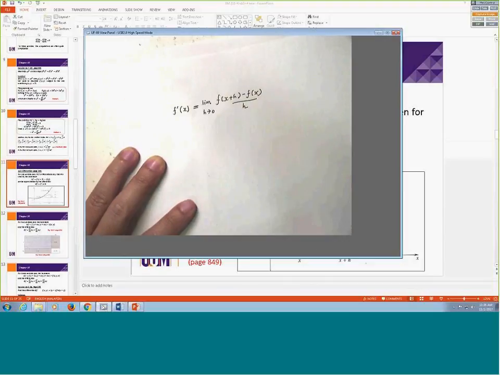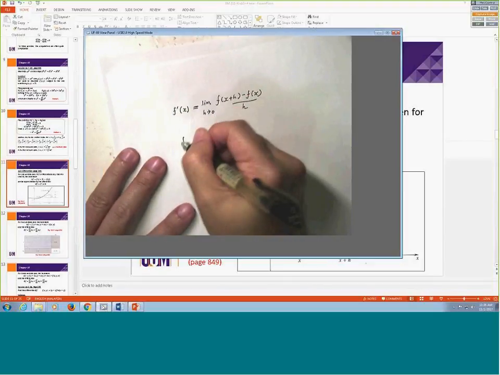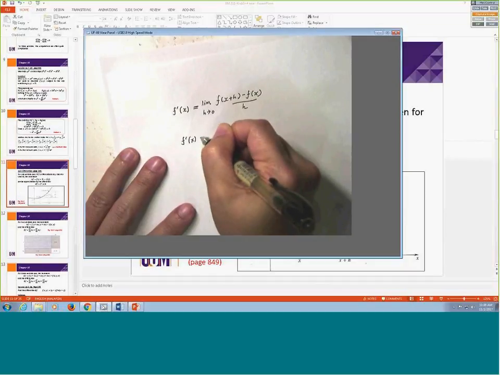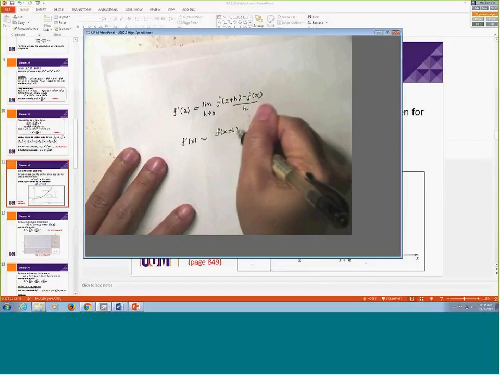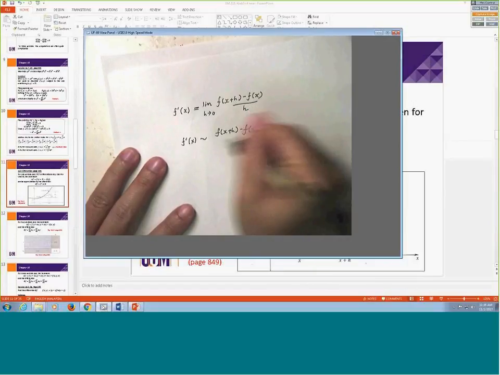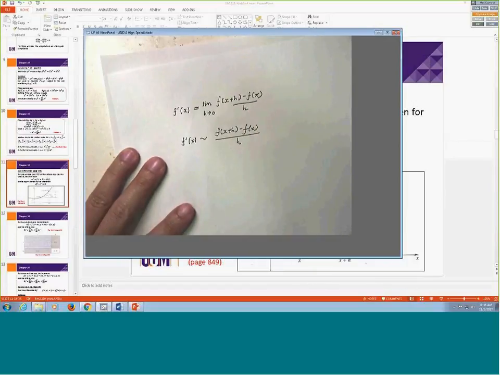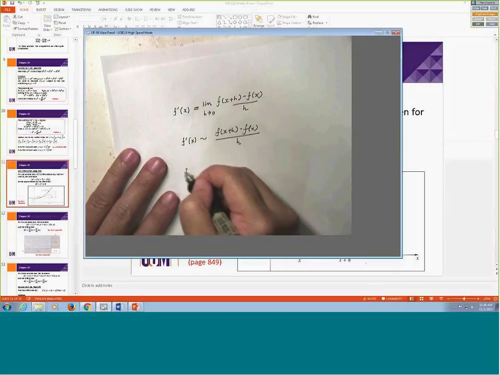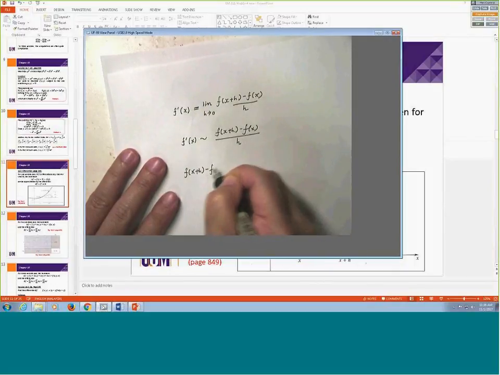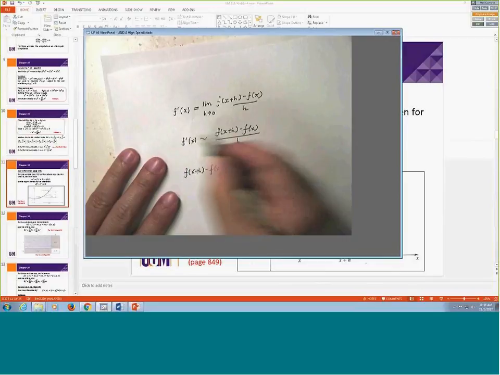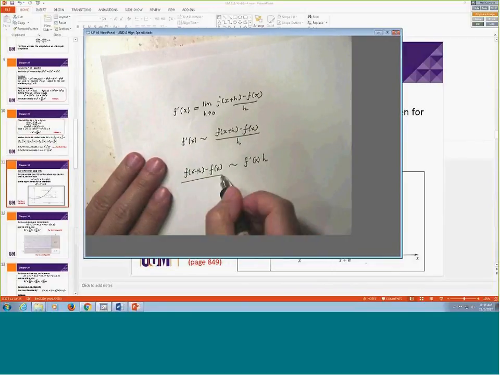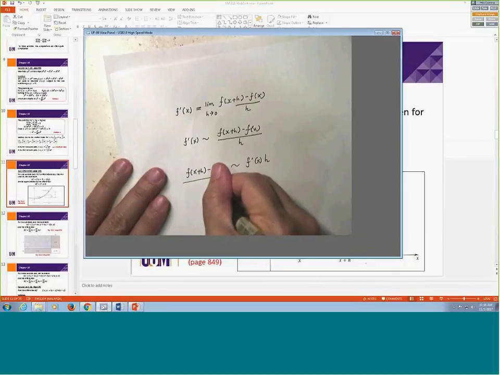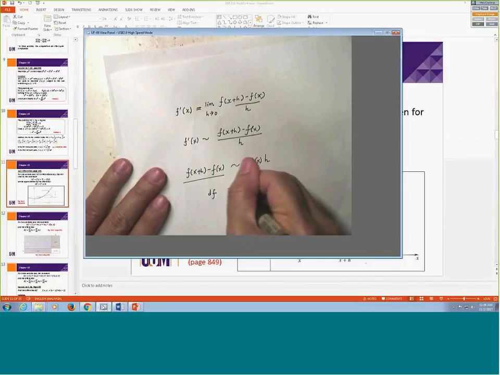If we don't write the limit, we just say it is approximate. So the differential equals f prime x times h, and we denote this with df, f prime x dh.